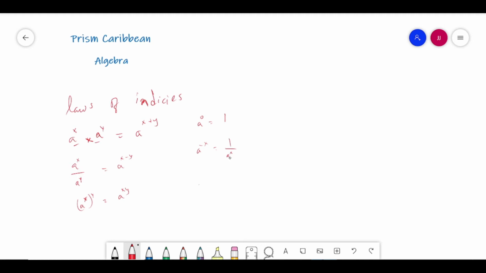And just a simple rule, I'm not 100% sure this needs to be learned, but it's still important nevertheless. A to the power of a fraction will be basically the denominator root, and a to the power of the numerator. And that's as simple as it gets. That is straightforward right there.